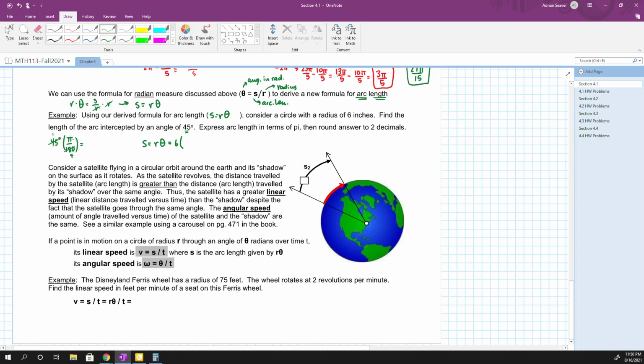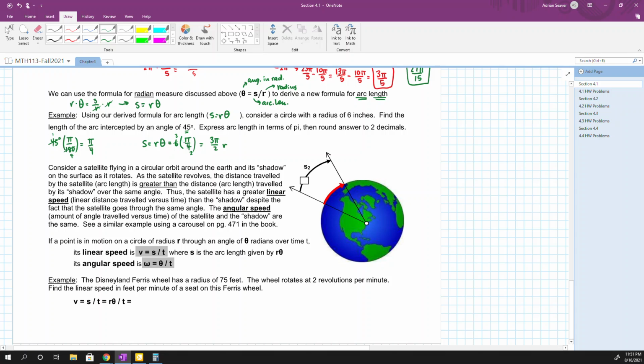So I get pi over 4 radians. So that's what I need to use here, pi over 4. So now I can multiply that out. Let's see, 2 goes into 6 3 times, 2 goes into 4 2 times. So I get 3 pi over 2.